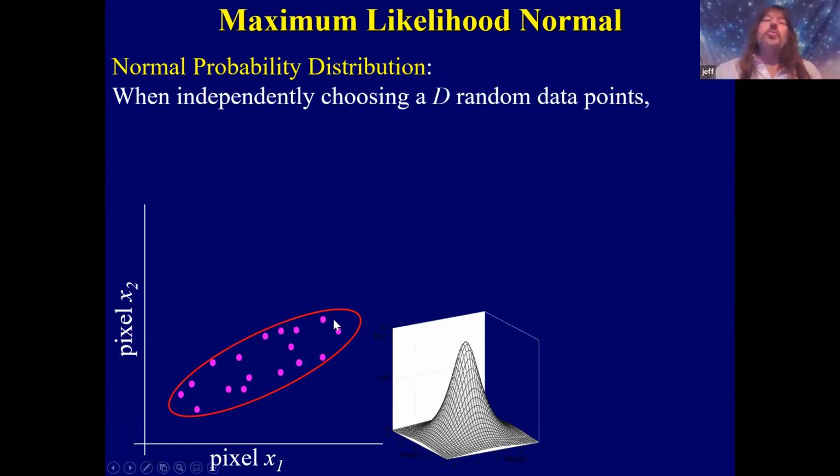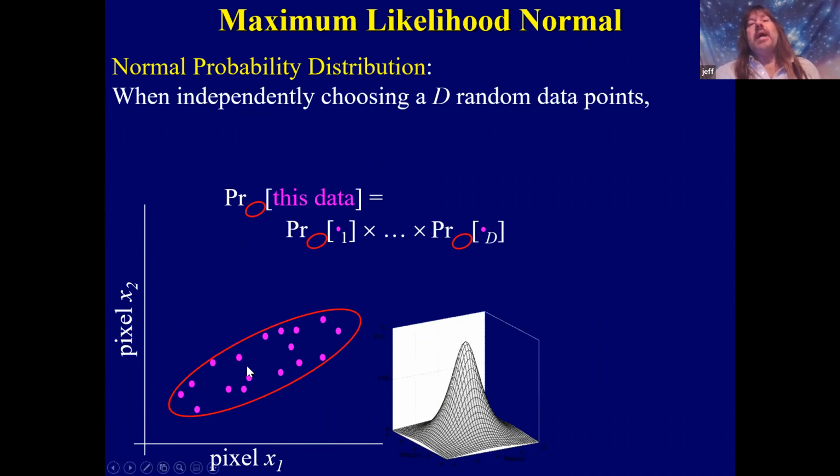What we're going to do is we're going to have a particular ellipse, a particular definition of a distribution, and then we're going to choose D data items independently, right? Each of these are chosen independently according to the same distribution, and we can ask, what's the probability that we get this data, right?